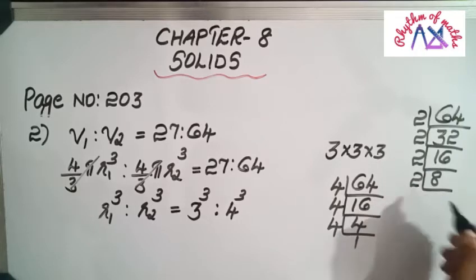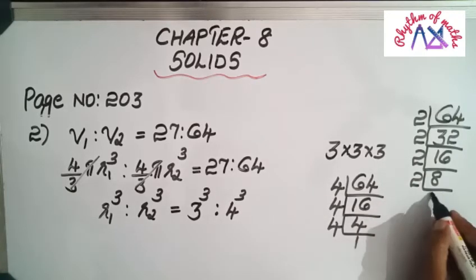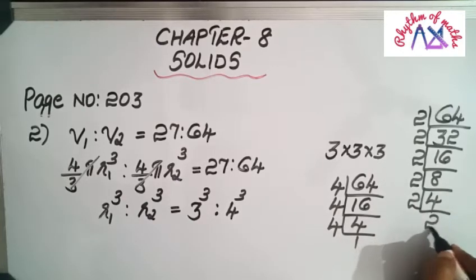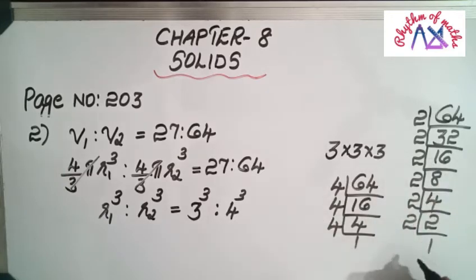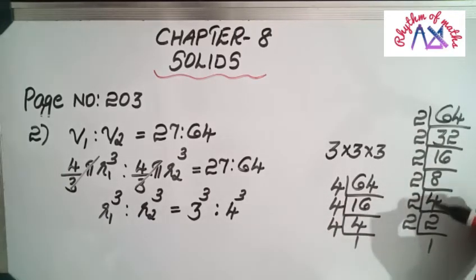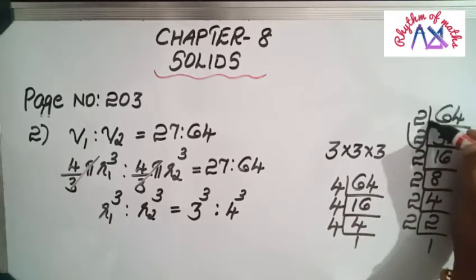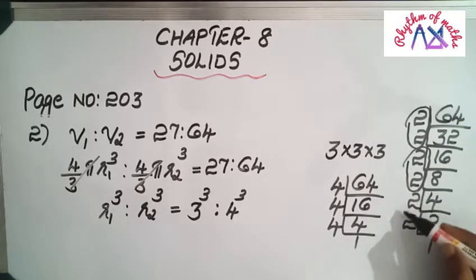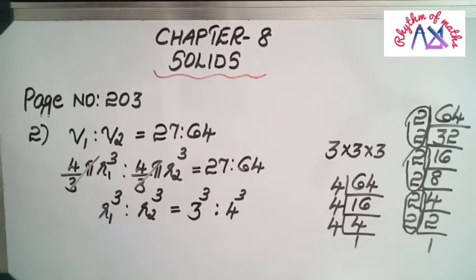Again 2, in 8 how many 2s? 4. Again 2, in 4, 2. Okay, like this we can continue. After this you have to pair the same numbers. Two 2s you have to pair like this. Okay, like this you will get.